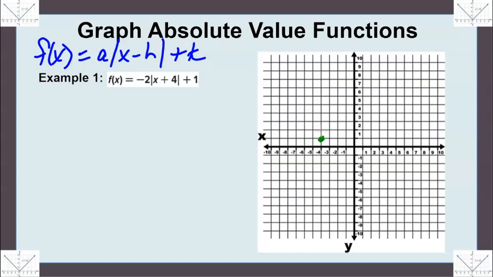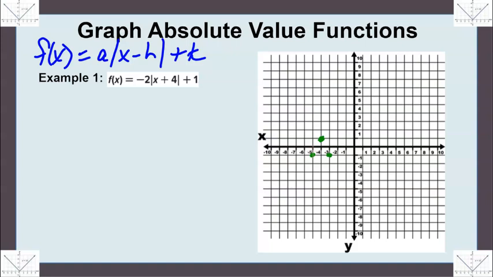And then I can use the slope, or a, to determine the other points. So I can go down 2 to the right 1, or I can go down 2 to the left 1. That's one way of determining that and drawing our graph there.